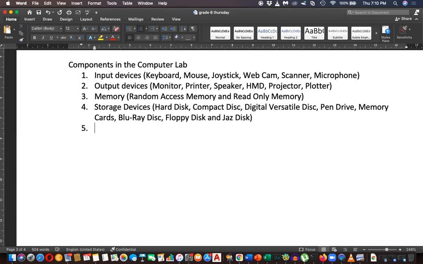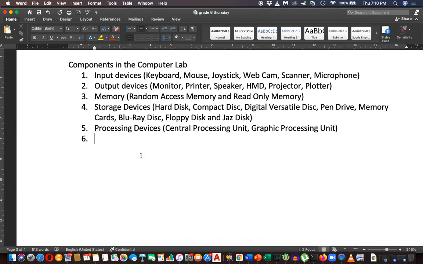Then you have processing devices: central processing unit and graphic processing unit. This is a summary. I'll give you the presentation, but this is the summary. Those are processing devices.